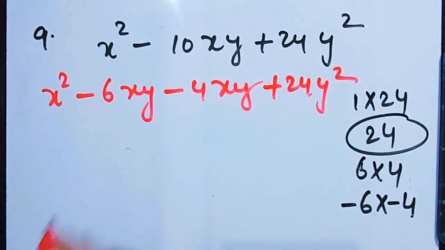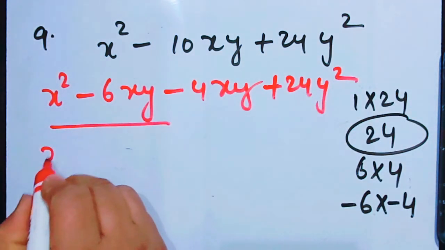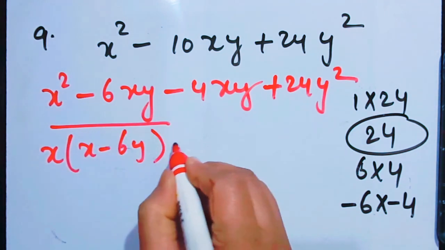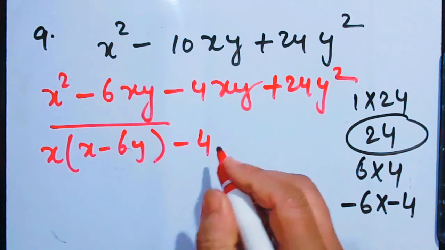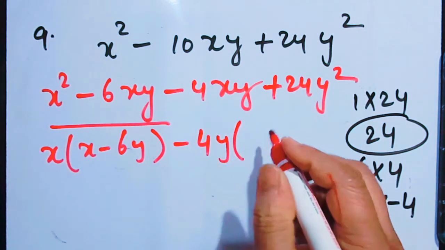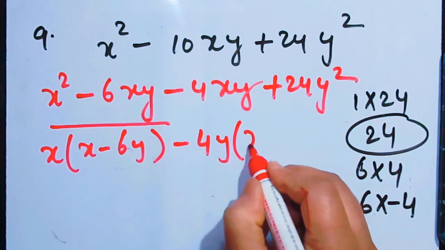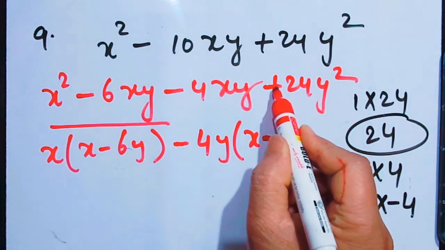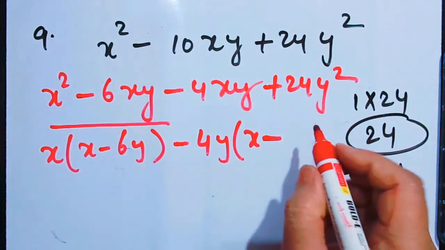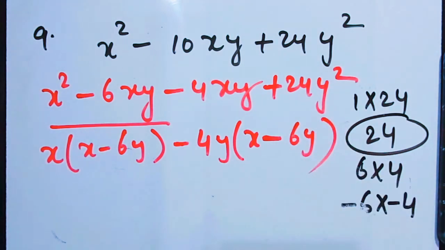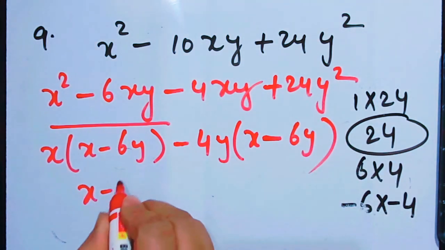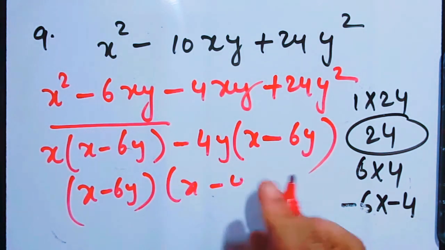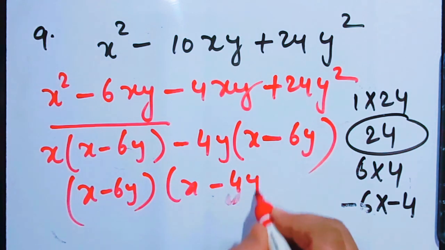Here on taking x as common, x minus 6y, and minus 4y common, so I'll get x minus 6y, since I've taken minus over here, the sign will change. So again, my dear, x minus 6y and x minus 4y. Clear?